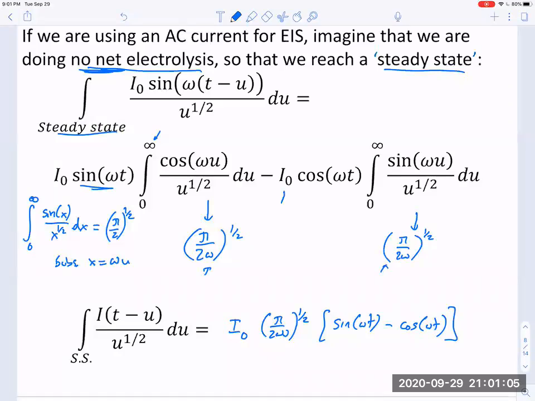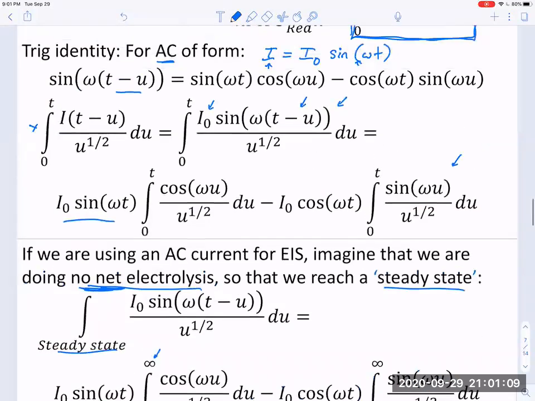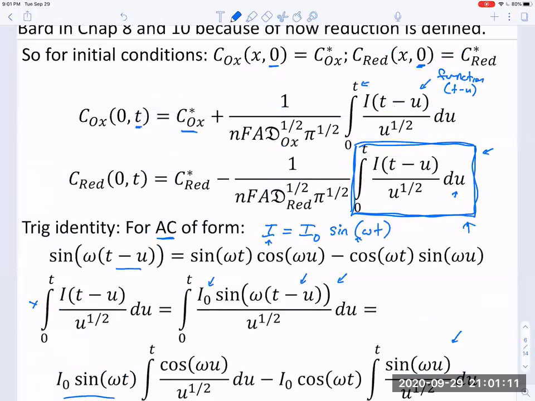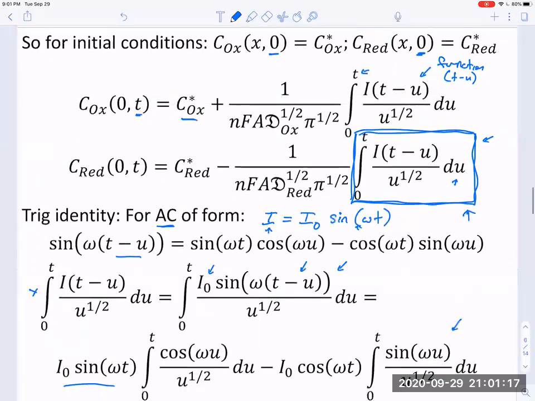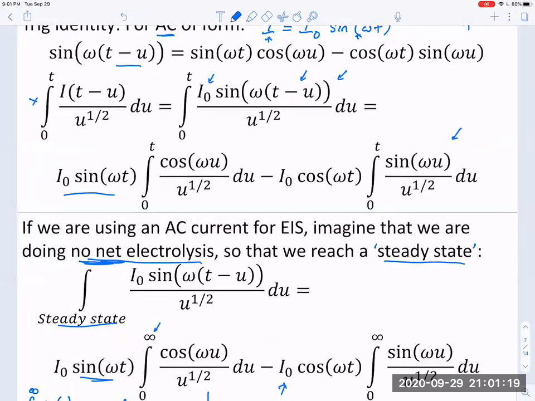And they both have this I0 term, so we pulled out everything there. Okay, so again, that's just this integral here, we're basically just solving for that. For the specific case where our current is a sinusoid, so it's the AC current, which we're using for EIS, and where we have no net electrolysis, we can solve that way.